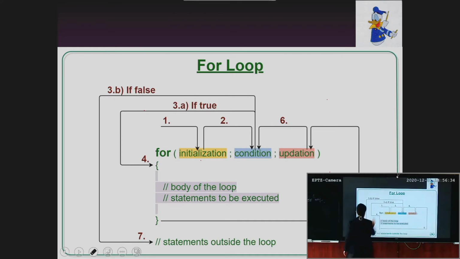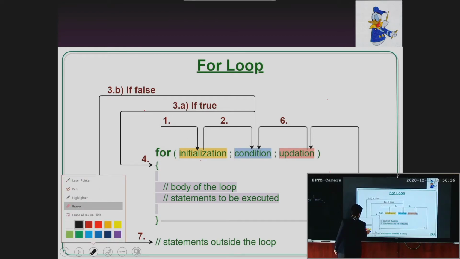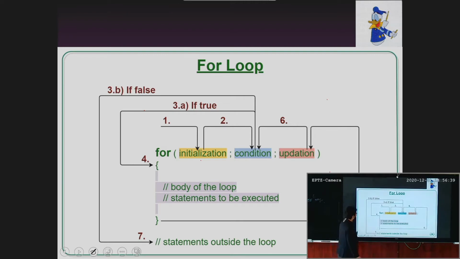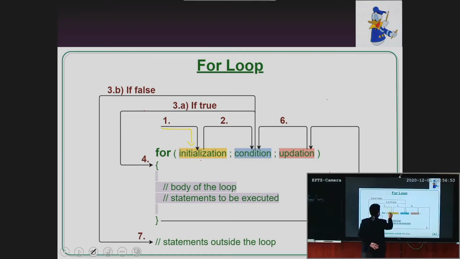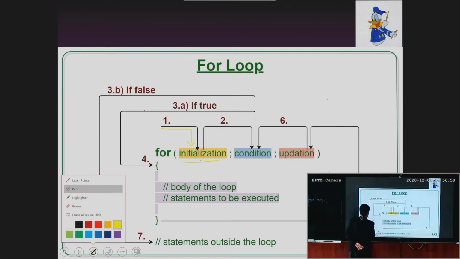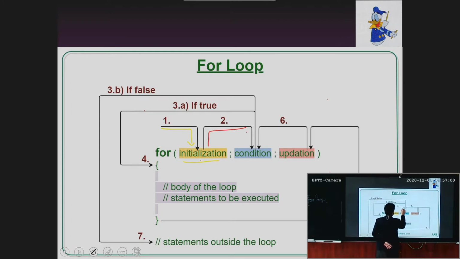Here you can see that the first step, initialization, will be performed and there will be no other execution in other parts of the for loop. Okay, and then soon after initialization of a variable, execution will come to the conditional statement and the condition will be checked by the arithmetic logic unit.